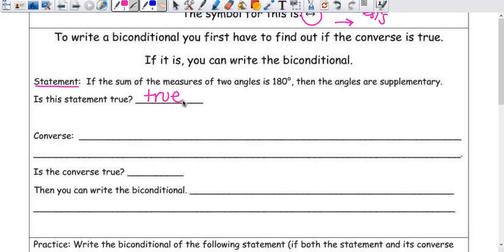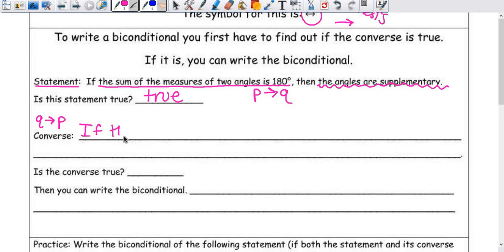So now we're going to go ahead and write the converse. The original, remember, is P to Q. Converse is Q to P. I'm going to go ahead and underline my hypothesis and squiggle underline my conclusion so that I know what I need to switch. Converses are still if-then statements.